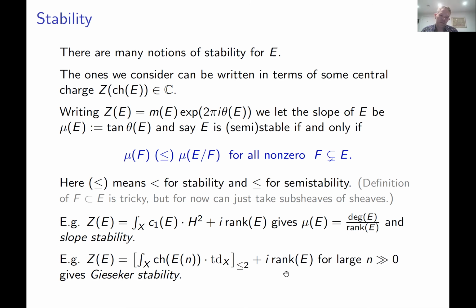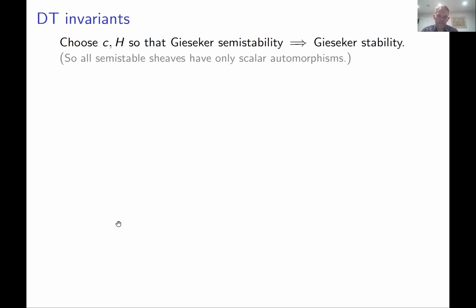But if you're familiar with slope stability, which is equivalent to E admitting a Hermitian-Yang-Mills connection, then that's just fine for this talk. But we are going to vary the stability condition.